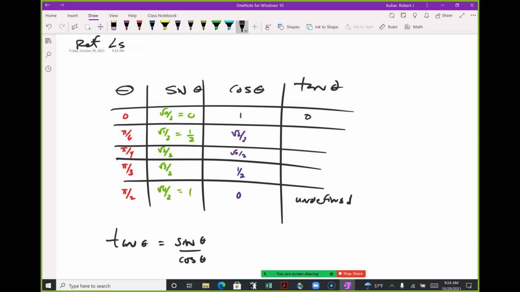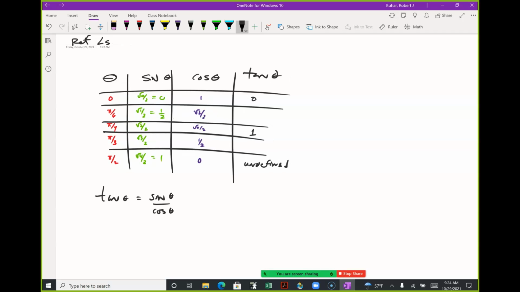For pi over 4, I get rad 2 over 2 divided by itself, so that's 1. Right? And the other ones might take a little bit of work. So we could certainly say that tangent of pi over 6 is 1/2 divided by rad 3 over 2, which is 1/2 times 2 over rad 3, which is 1 over rad 3.